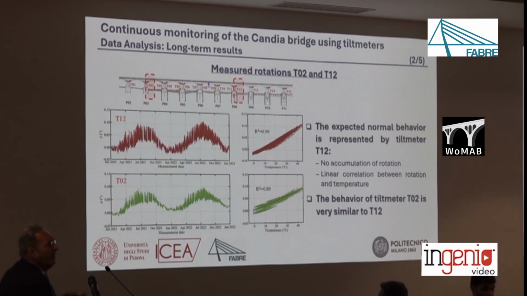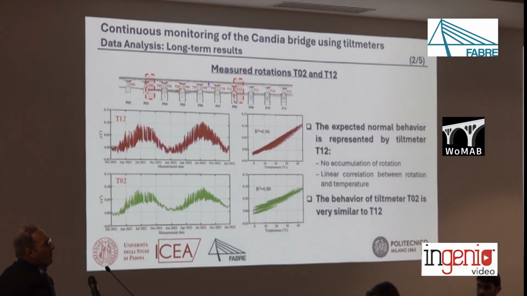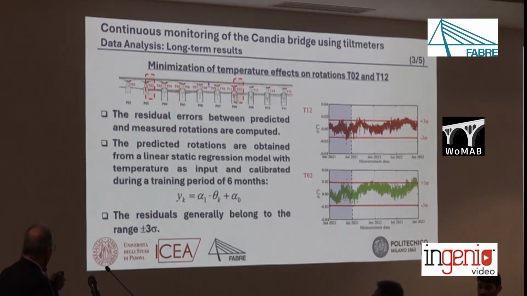And of course, if we try to remove the temperature effect and look at the residual, basically, we can observe that using 7 months for training and a simple linear correlation between rotation and temperature for removing or minimizing the temperature effect, the residuals are generally in control, so they generally belong to the range of plus or minus 3 times the standard deviation once we have removed the thermal effect. So we are talking about the residual.